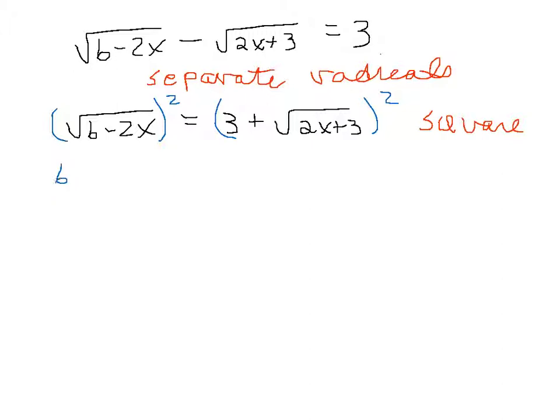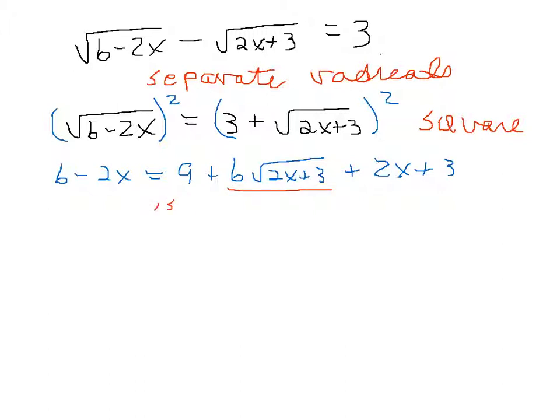We get 6 minus 2x is equal to 9 plus 6 times the square root of 2x plus 3 plus 2x plus 3. So that's what you get when you square a binomial. So what we do now, we just have one radical, and so we isolate it and square.